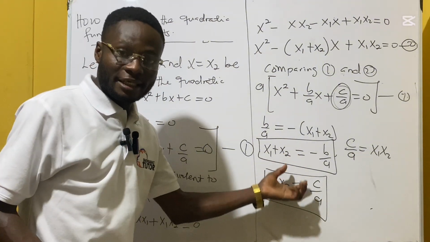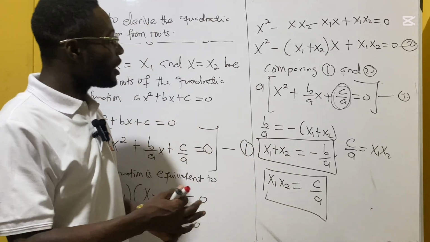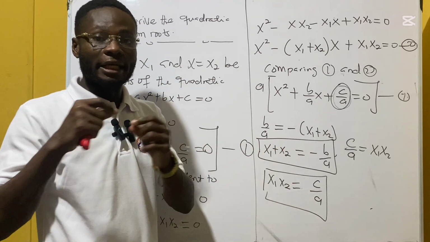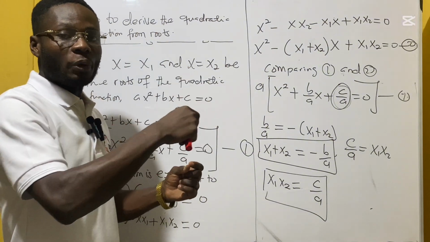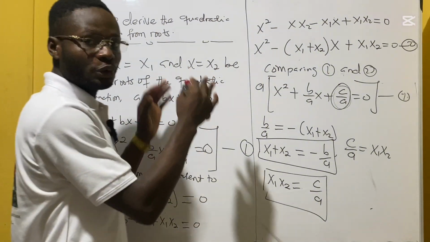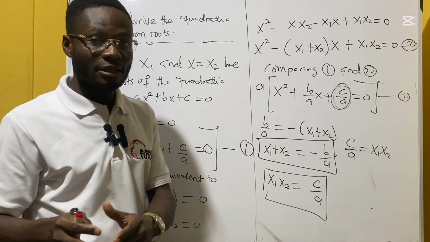So you just compare the equation you have been given to the original quadratic equation, and you obtain the values of a, b, and c.